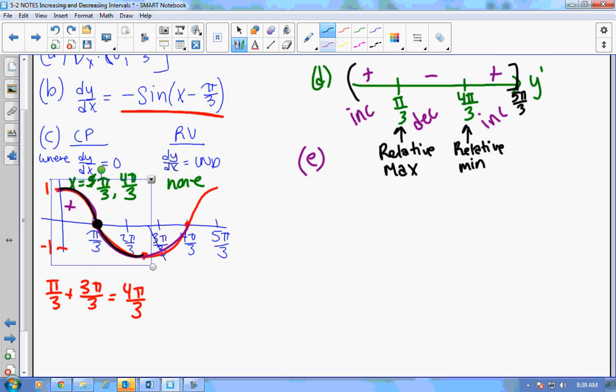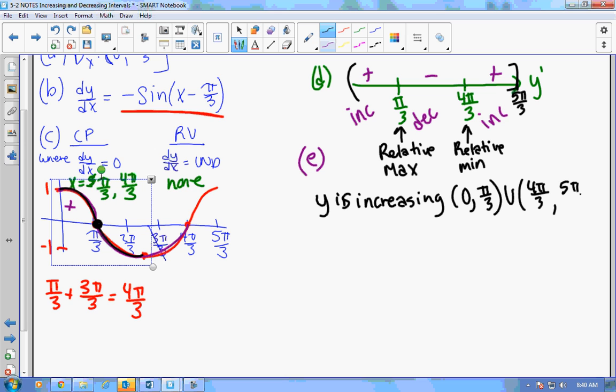Okay, so intervals of increasing and decreasing. Y is increasing from where to where? And it's not negative infinity. And we're not including 0, so it's open interval 0, comma, pi thirds, union, 4 pi thirds, comma. What do we put on 5 pi thirds?